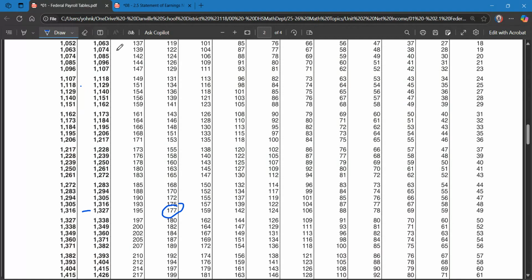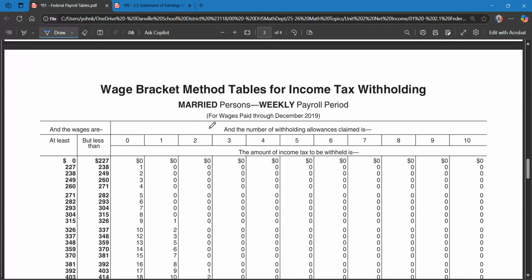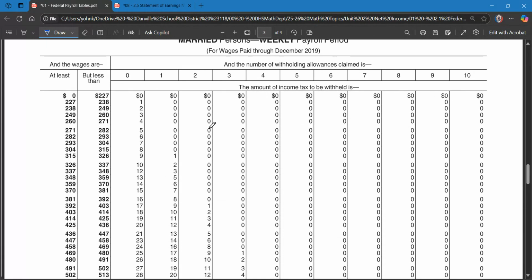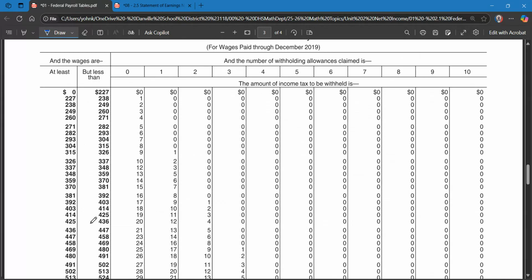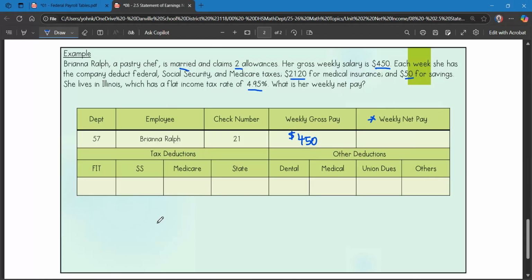So, married, $450 a week. So, we're looking down here. And she had 2 allowances. So, 0, 1, 2 puts us at $6. So, our FIT is $6.